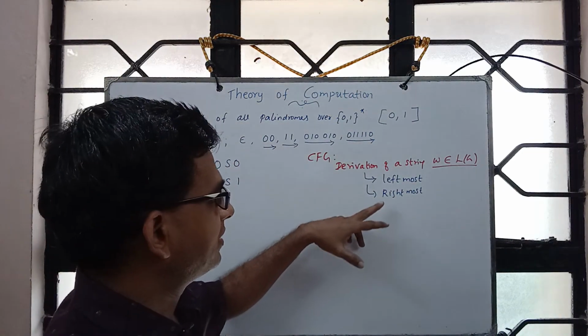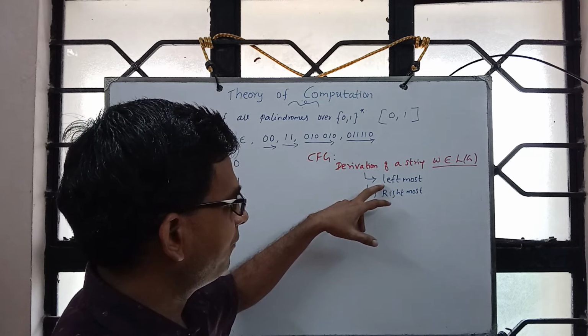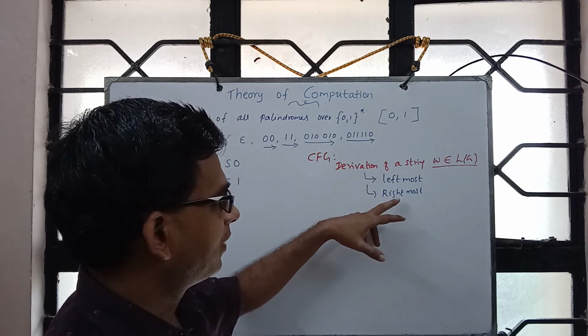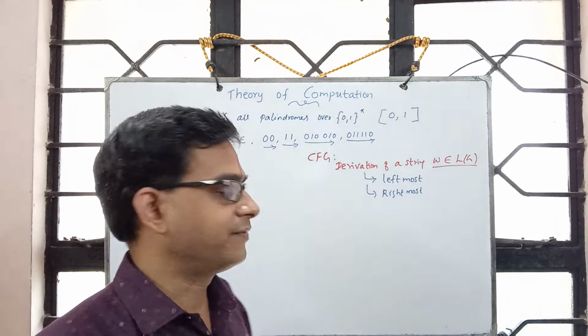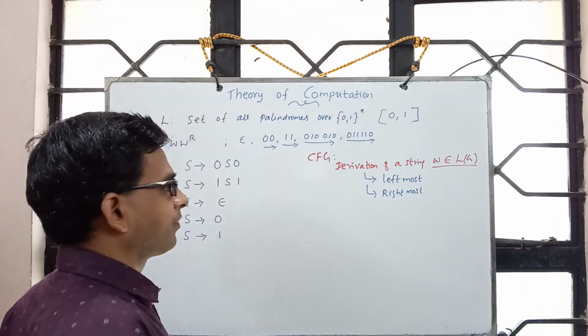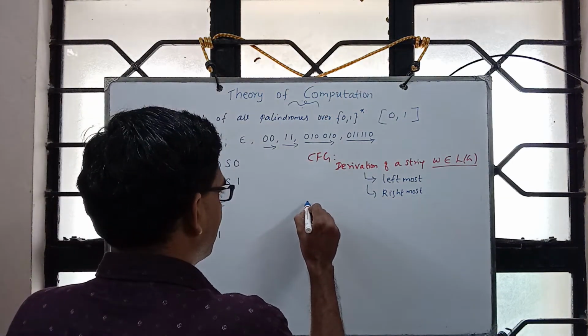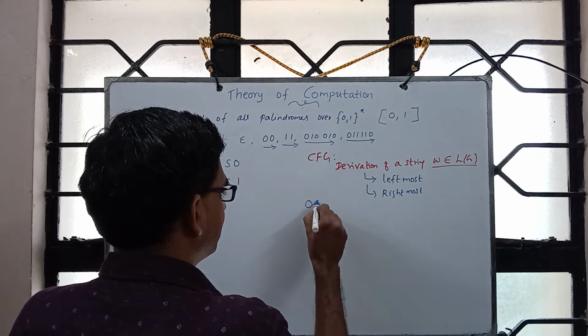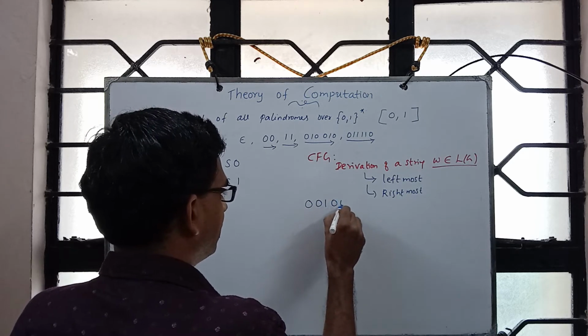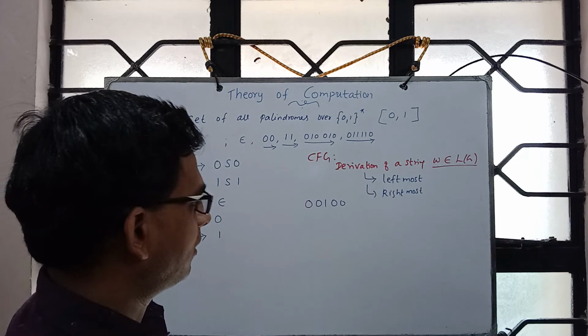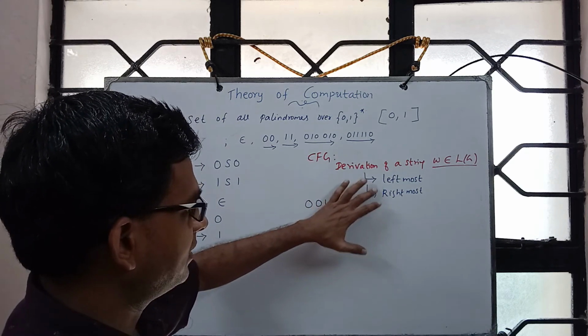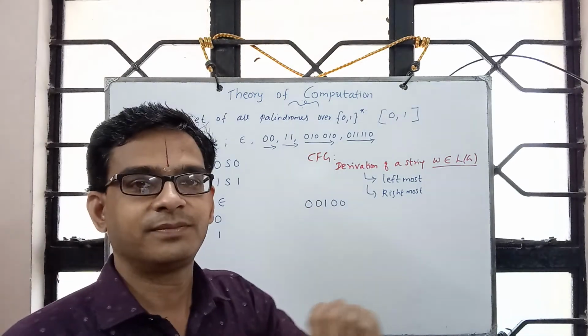We shall take a string and see following leftmost, how do we derive? Following rightmost, how do we derive that? Okay. So let's look at a string, say 00100, and see how it is derived using this as well as using this.